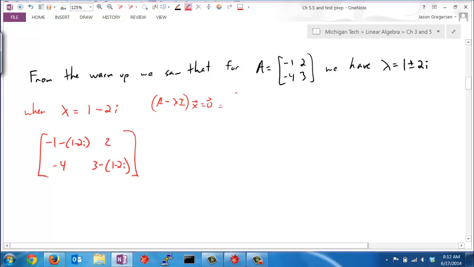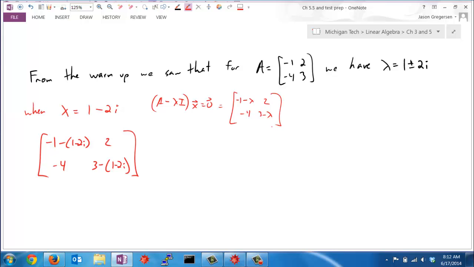So that matrix will look like negative 1 minus lambda, 2, negative 4, and 3 minus lambda. And so when we put in our values for lambda, I'm just chunking them right in there with parentheses, saying this is the lambda piece that I'm plugging in. And I'm using those parentheses so I make sure I don't forget to distribute that negative sign.